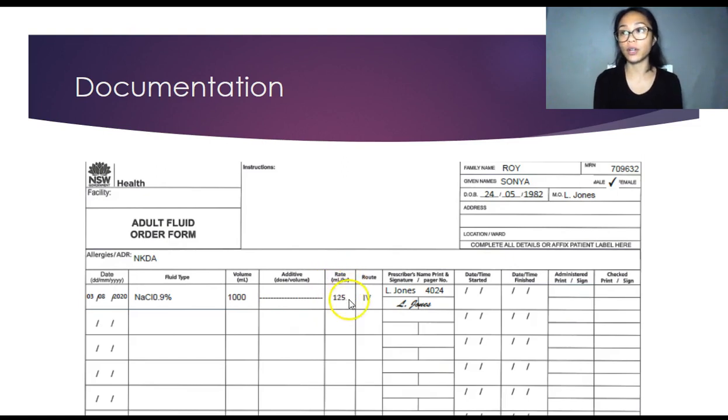And so you'll have to convert from milliliters per hour to drops per minute. So we're going to look at that in the following slide. And this was just to orient you to right patient, right fluid, right volume, right route, and right time/duration, and of course the legalities of the prescription.